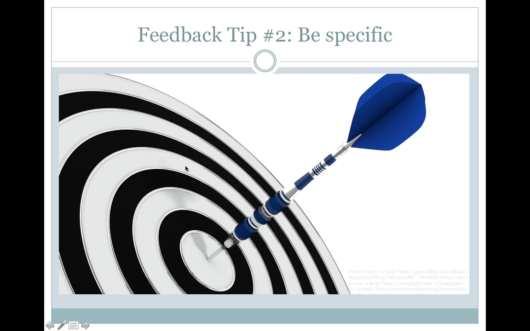Feedback tip number 2. Yeah, be specific. If something is working well, be specific about why it's working well. If you're really impressed with one of the reasons that one of your classmates listed in his or her brief, sure, point that out, that's working well, but you might even go a step farther and comment on why it impresses you or why it's working for you. But the same thing with constructive advice.